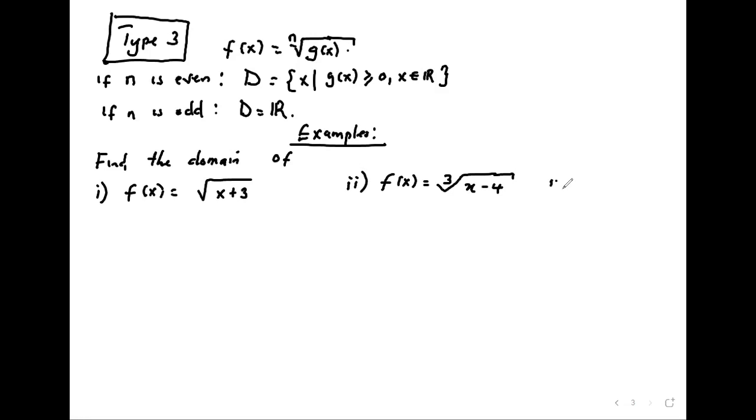If I put the other one, f of x is equal to the 4th root of x minus 7.